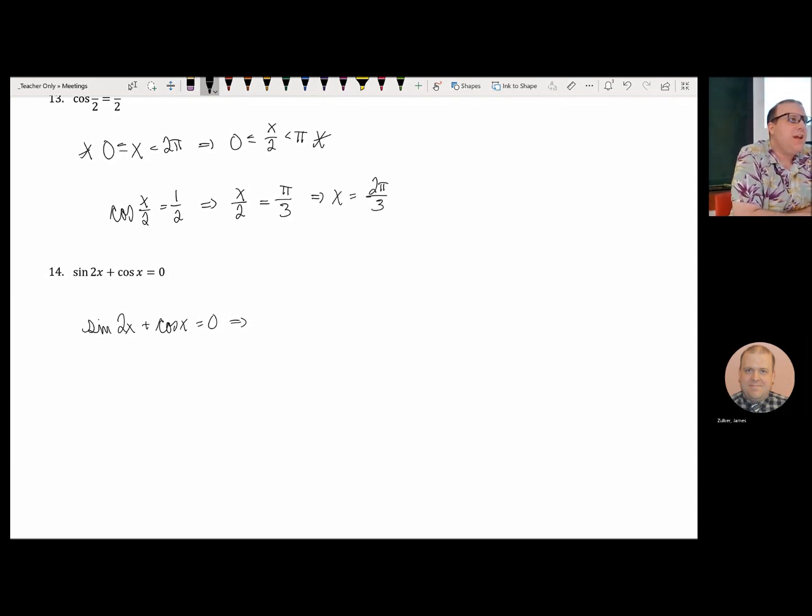Sine and cosine are of different angles. So you have to use an identity, a double angle identity.